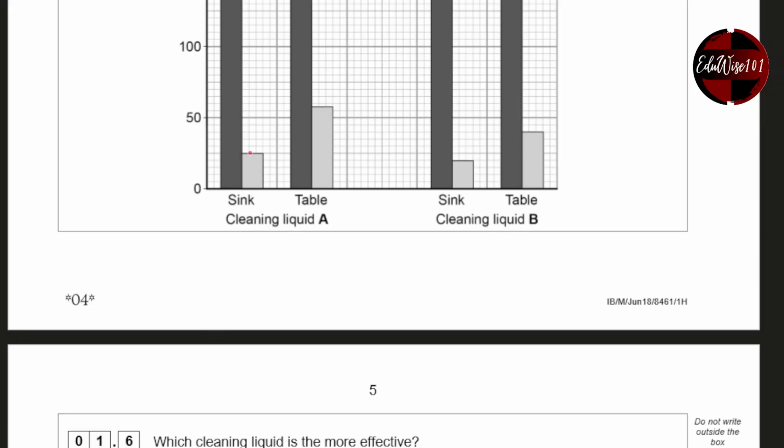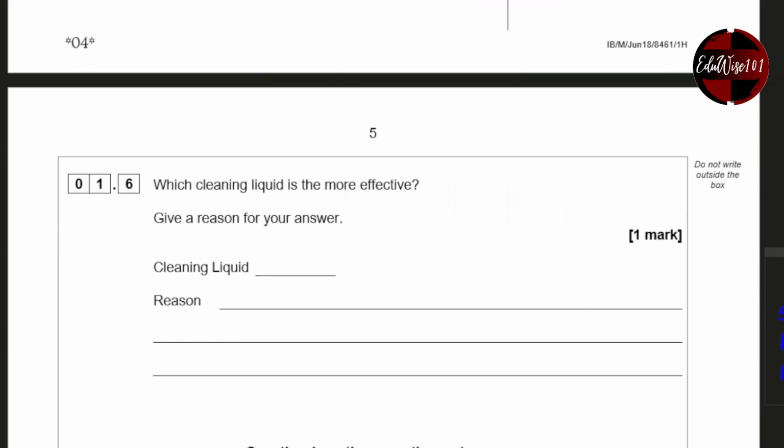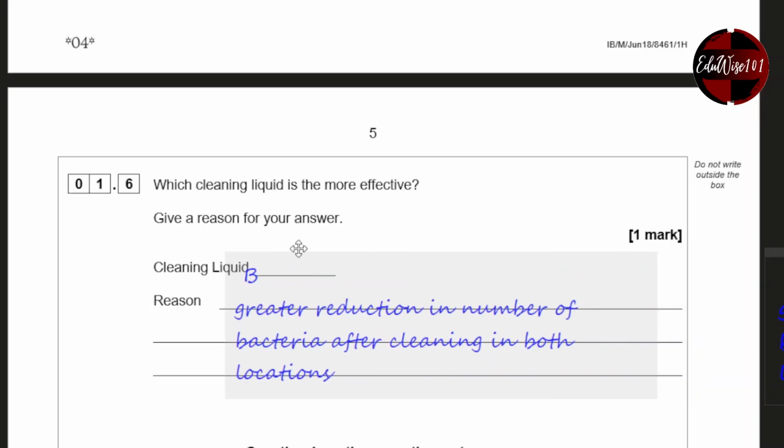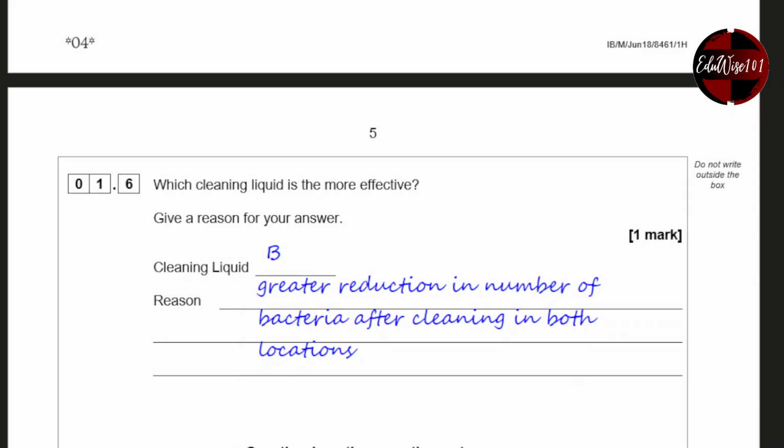So here, if I was to compare, this is 25, and that's slightly lower than 60, let's say 58, and that's 20 and 40. So it would be cleaning liquid B. Reason: there's a greater reduction in the number of bacteria after cleaning in both locations, in the sink and in the table.